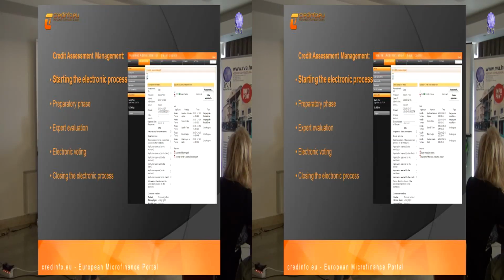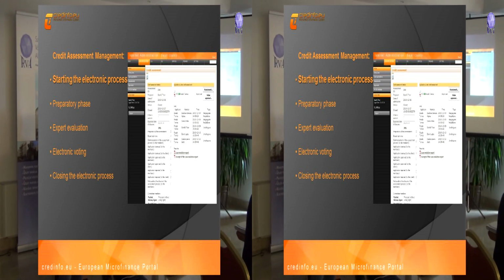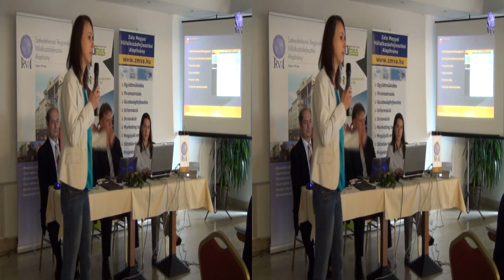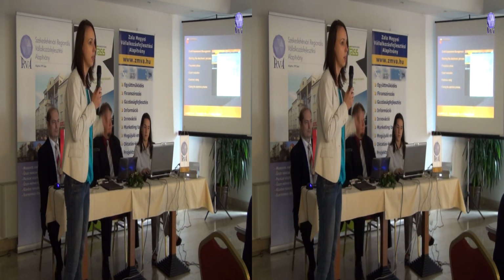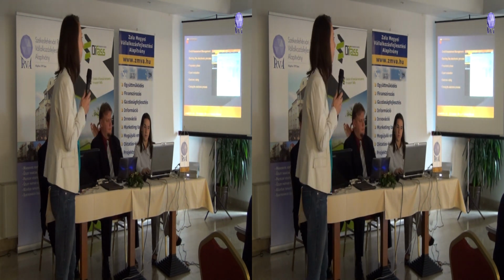That's how a credit assessment datasheet looks like. You can see the names of the people who participate in this process as a member of the committee, as assessor, or as an external expert.